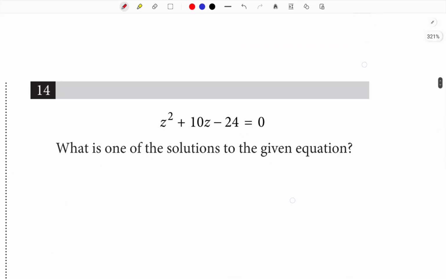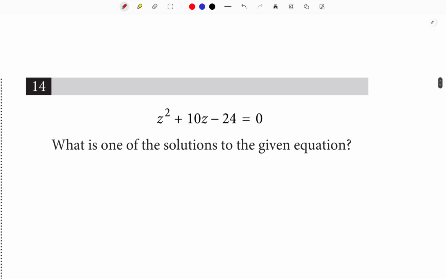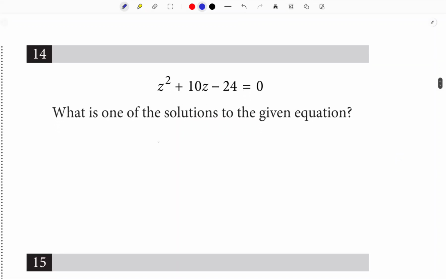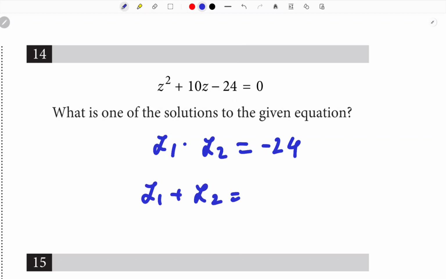What is one of the solutions to the given equation? Okay, how can you solve this question? You can use the factoring method or Vieta's theorem. Okay, I use Vieta's theorem. Z1 times Z2 is equal to negative 24. Z1 plus Z2 is the opposite sign of negative 10.